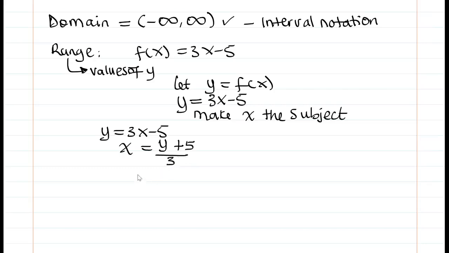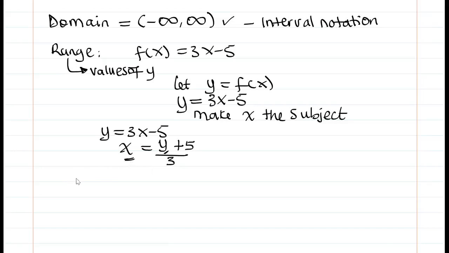Now, the range are the values of y for which there are corresponding real values of x. If I put y to be 0 and substitute, x will be a real number. If I put y to be maybe negative 10, still I will get a real value of x.